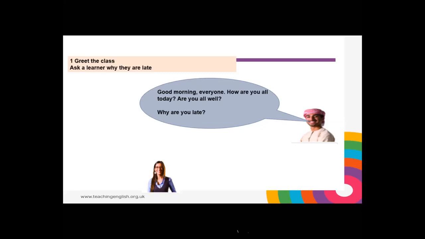Look at the words here. I'm not going to read the words individually. For example, to say, how are you all today? I'm going to make a connection between them. Which words are going to be connected? Here we have the words you and all. I'll say, how are you all? Can you repeat after me? Please say it.